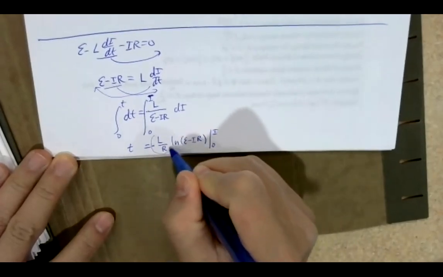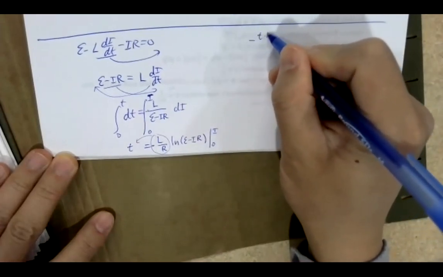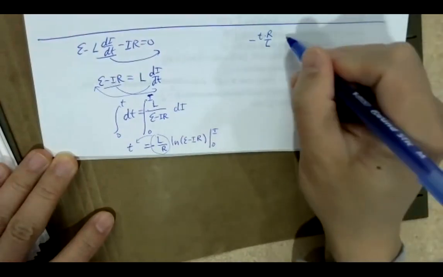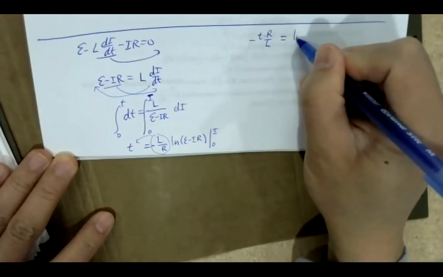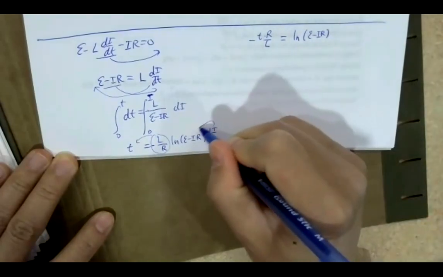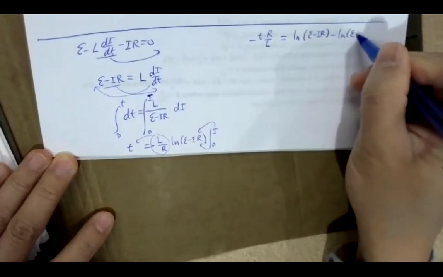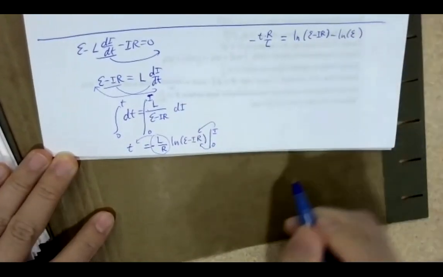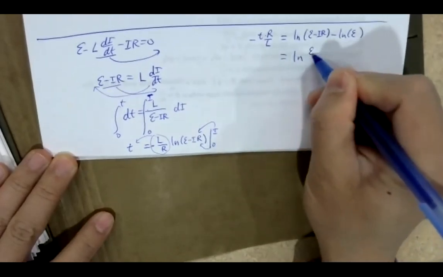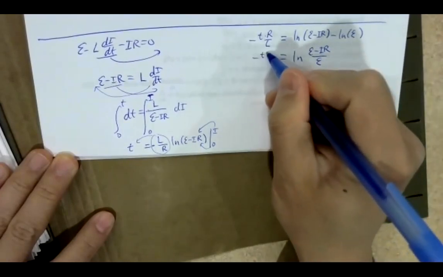Now you can move this term to the other side of the equation, so that becomes minus t times R over L equals ln(epsilon minus IR) minus ln(epsilon minus 0). So this becomes the natural log of (epsilon minus IR) divided by epsilon.